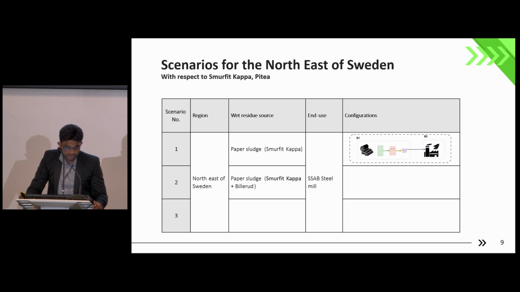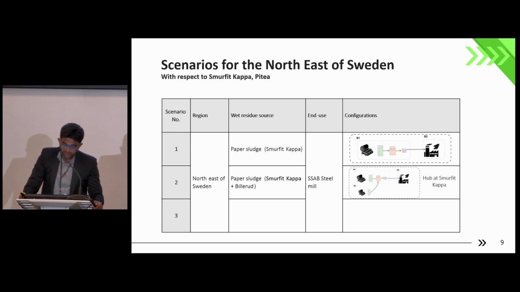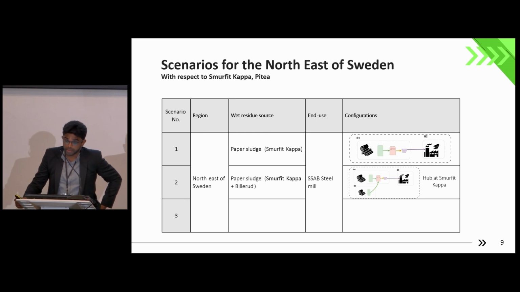And in scenario number 2, I considered both the wet residue sources, which are Smurfit-Kappa and Billerud, which is north of SSAB. The configuration used here has the drying hub at Smurfit-Kappa.